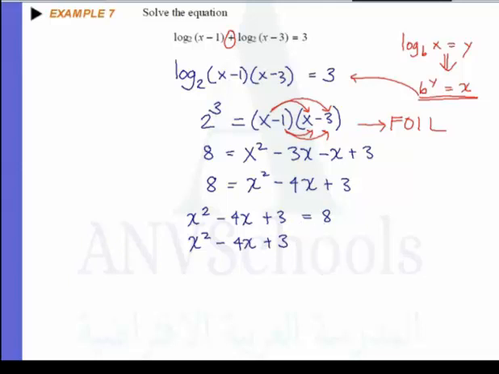So that gives us minus 8 is equal to 0. And this gives me x squared minus 4x minus 5 is equal to 0. Now this expression is factorable.